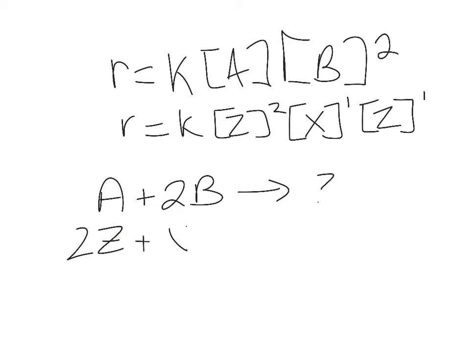Plus X plus Z. Oh, sorry, looks like I used the same letter twice. Then you look for that equation somewhere. Some of you told me that it was 2A plus B for the slow step.